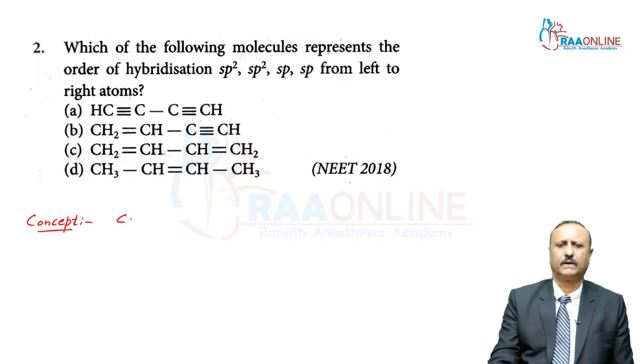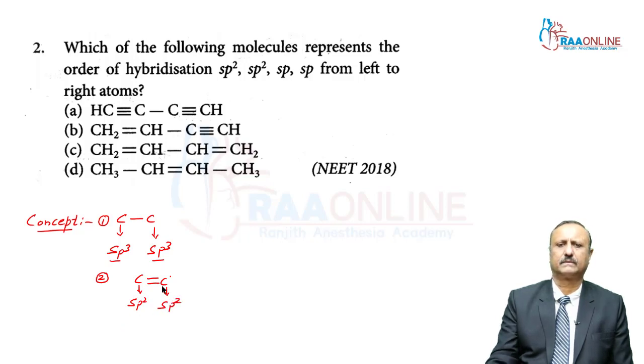The concept is that when carbon single bond carbon is present, these carbons are sp3 hybridized carbon atoms. Number 2, when carbon double bond carbon is present, then sp2 and sp2 hybridized carbons are present.